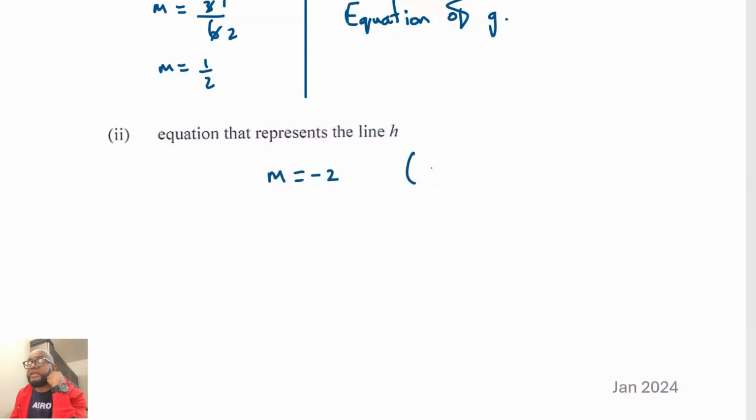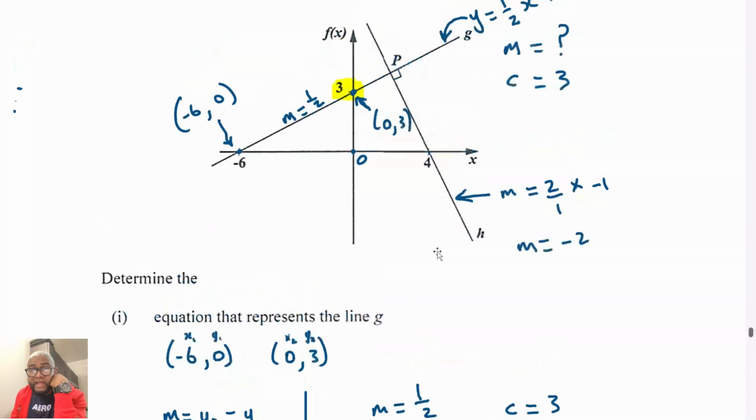You also need the coordinates of a point on the line. Is there any point on H that I could write down the coordinates for? You all see this point here? What are the coordinates of this point? On the x-axis it's 4, and on the y-axis it's 0. So we have the coordinates of a point on H.